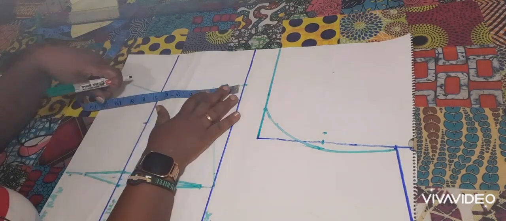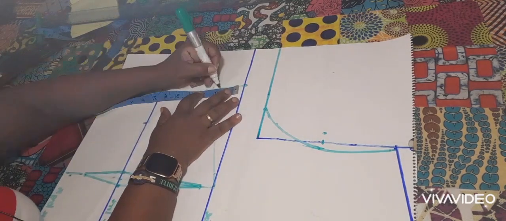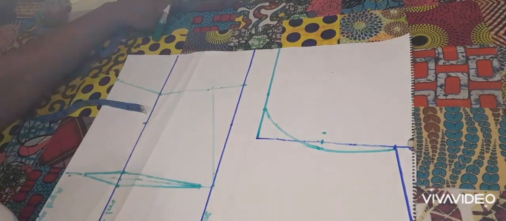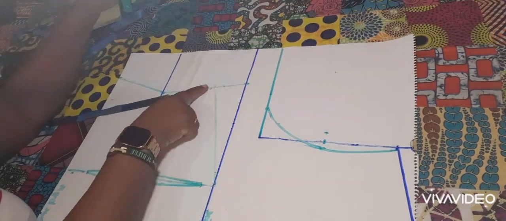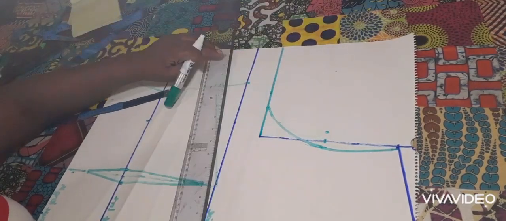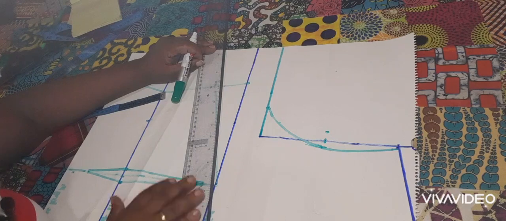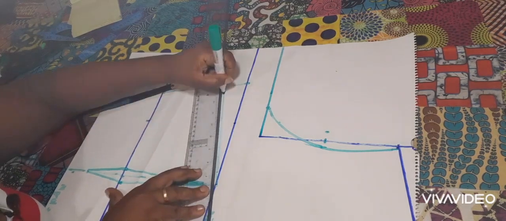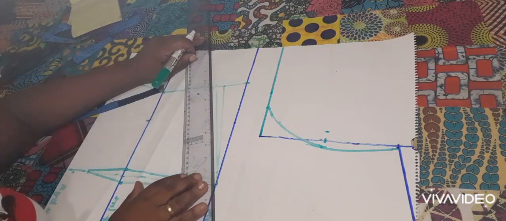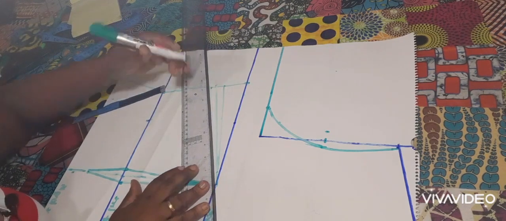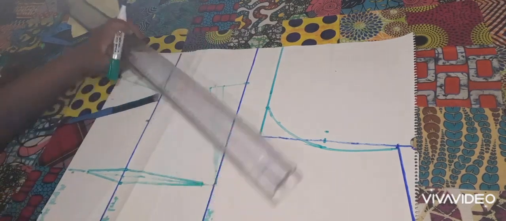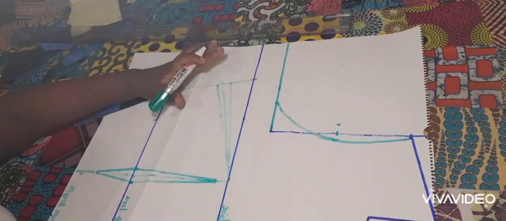On this line on the bust, we'll mark 0.5 at the beginning and 0.5 after it. Then we connect the first 0.5 to this line, and the second 0.5 to that point. The reason we come out by 1 inch is so that it will not bunch up when we are sewing. So this is our side dart too.